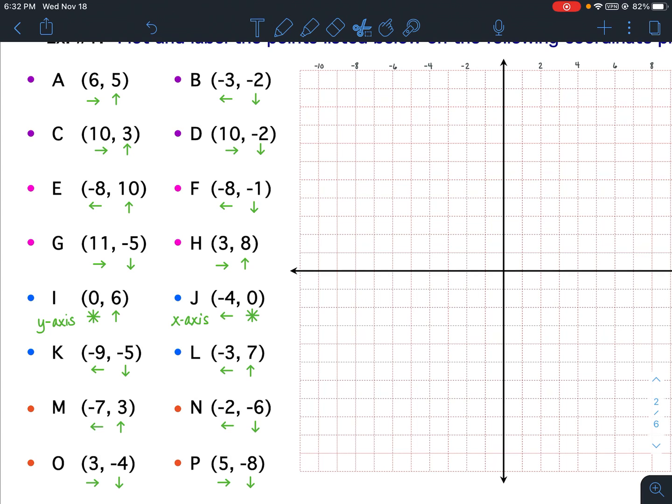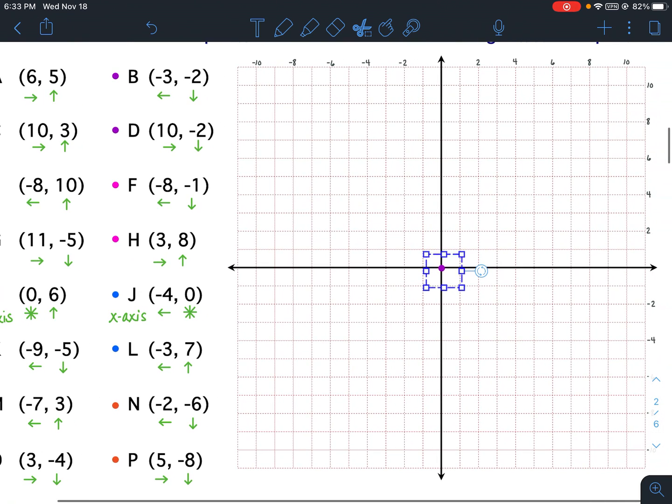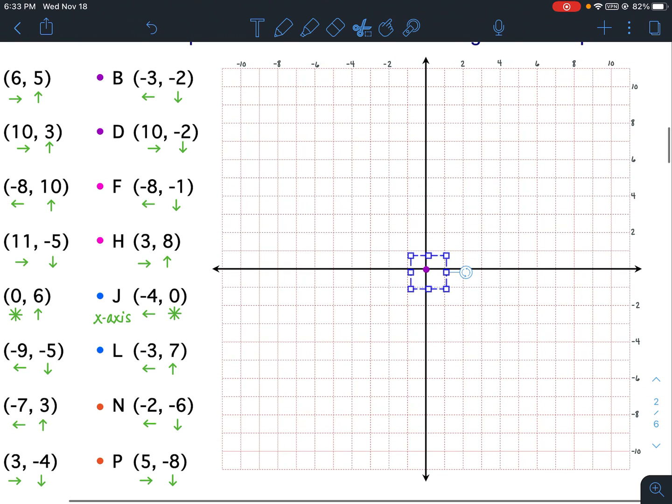Okay, so for A, remember we're starting at the origin. So I start at the origin and we're going to count lines, not spaces. Count lines, not spaces. So starting at the origin, which would be 0, I go over 1, 2, 3, 4, 5, 6.